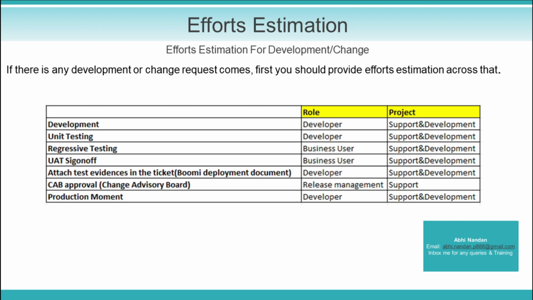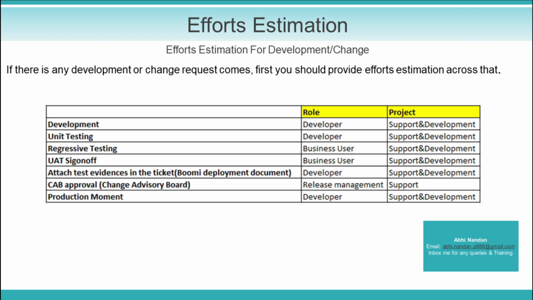The negative scenario gives the clarification that your code is not hampering the other implemented ones. So the business, the customer, will test this, and these hours will be accounted on the customer side, for whoever is doing the regression testing. In many projects, it is the business user from the customer side who will test it.